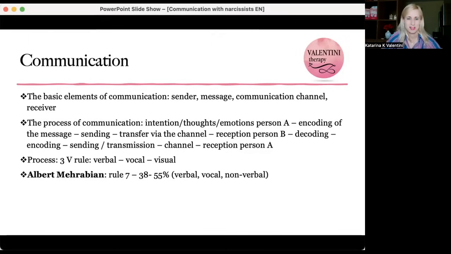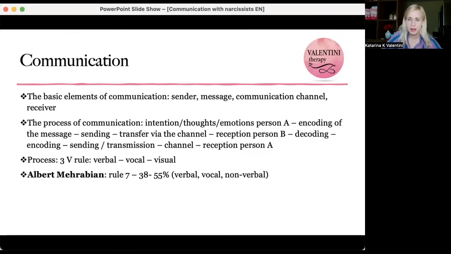Okay, so if we go now to the 3V rule, we have verbal, we have vocal, and we have visual communication. If I asked you which is the most important part of communication, you would probably say, well, verbal, of course, we use words when we communicate.